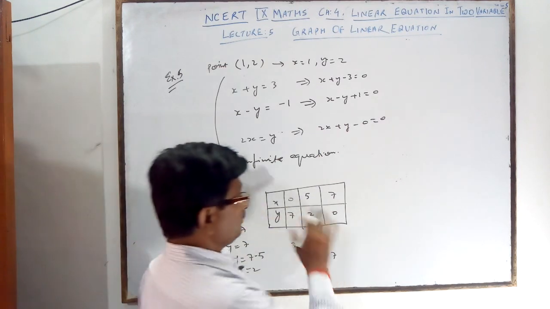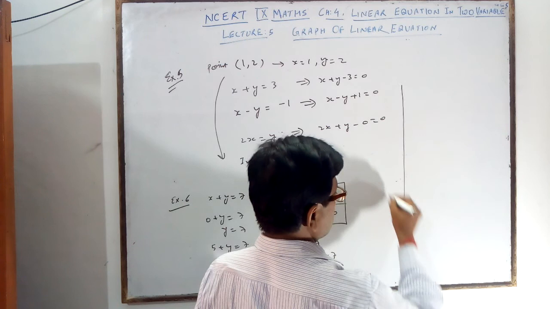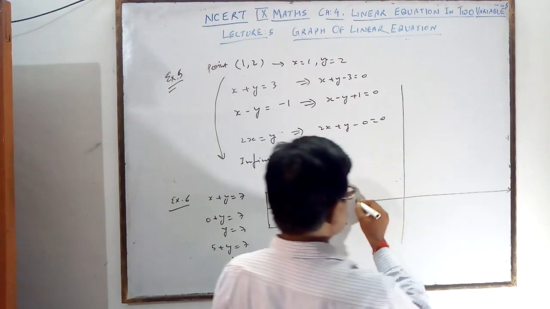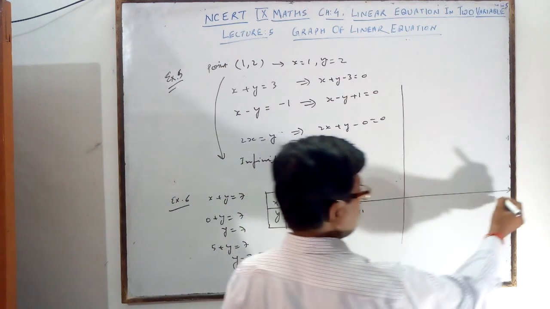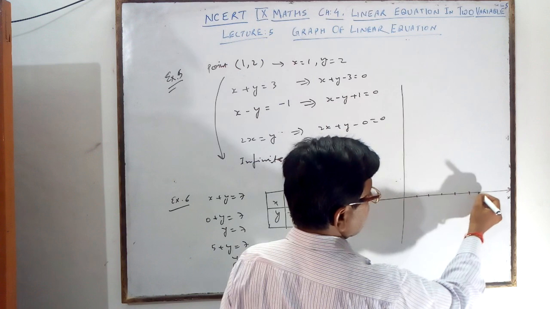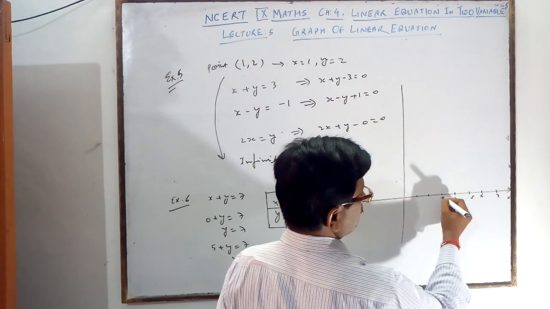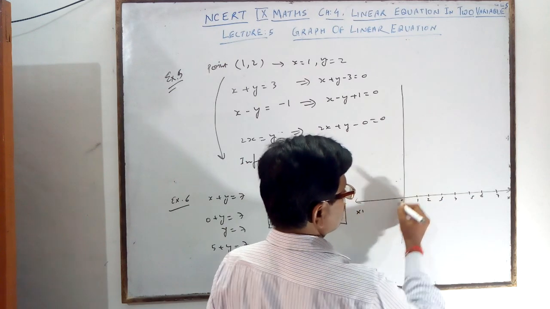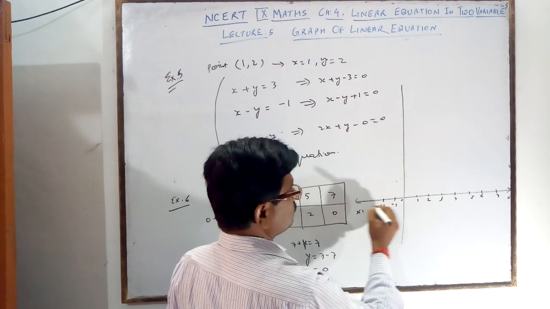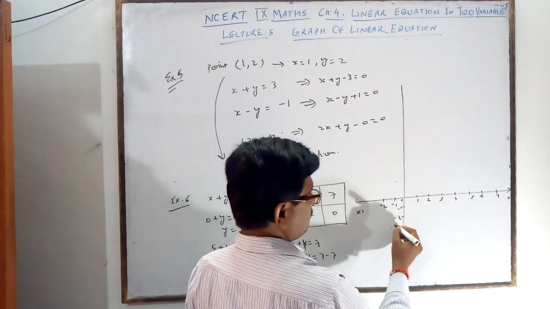Now plot this. You draw the positive quadrant more than the negative quadrant; it depends on the question. You want positive more, negative less. On x dash x, mark 1, 2, 3, 4, 5, 6, 7, and on the other side minus 1, minus 2, minus 3, no need to write more.